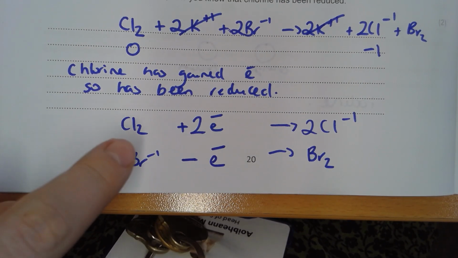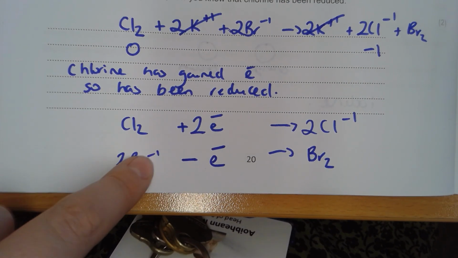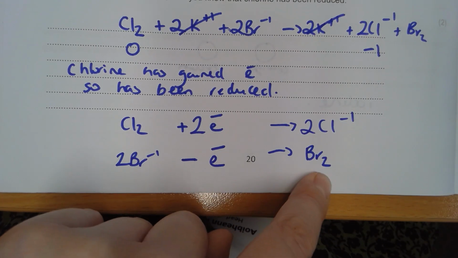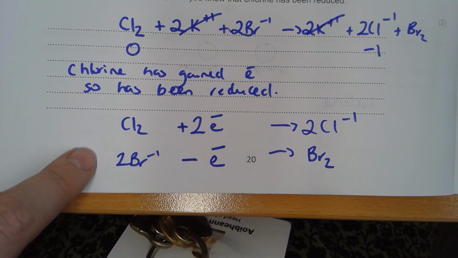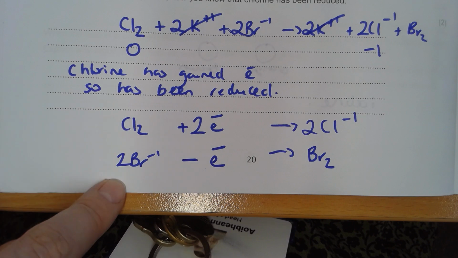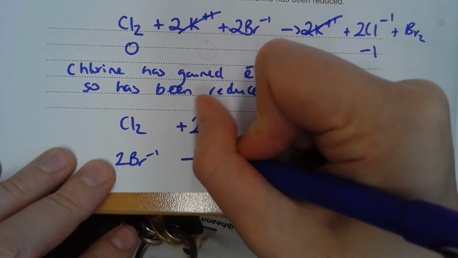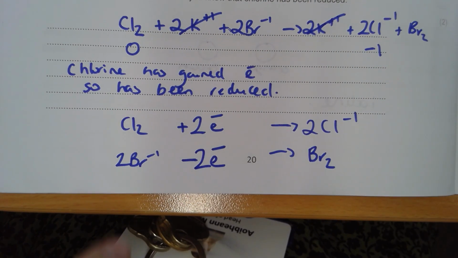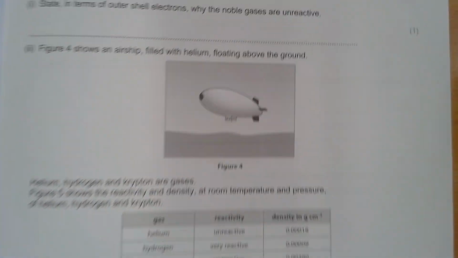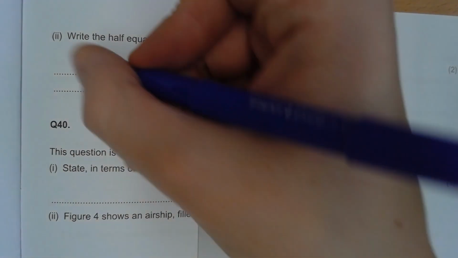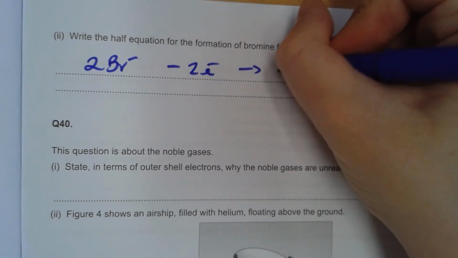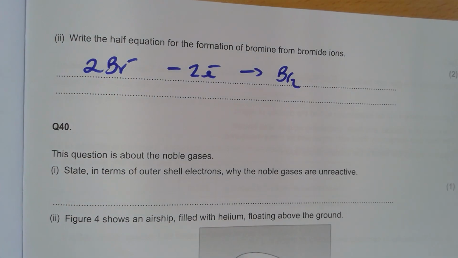Take away the electrons, you take away the charge. Now there are 2 separate bromide ions. They each need to lose an electron. So again, I'm going to need to write 2. And that's your half equation for bromine that you would need to write here. 2Br- minus 2 electrons goes to Br2.